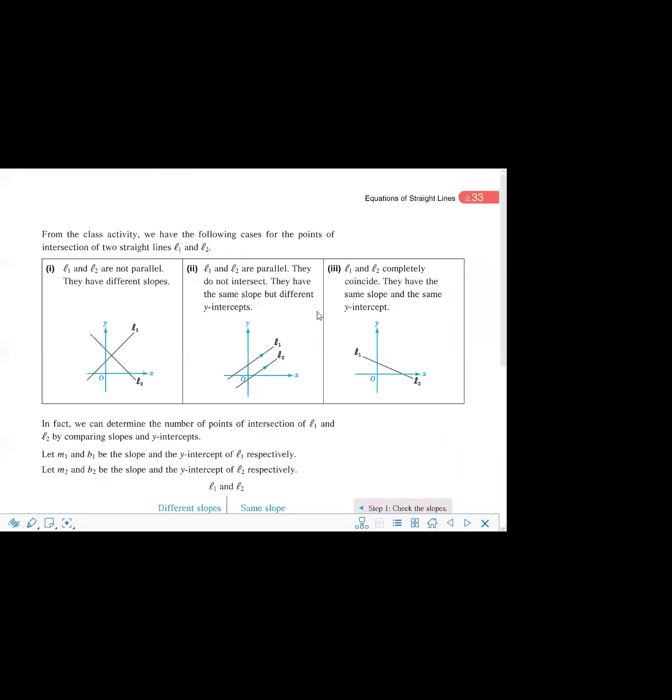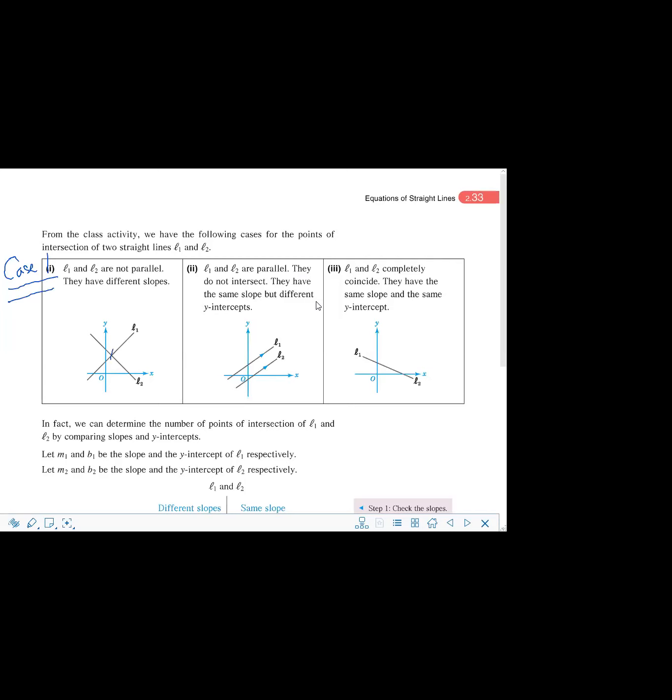So I just go to page 2.33. There will be three different cases of the relationship between two straight lines. Case one: when the two straight lines are not parallel, then they will meet at one point.